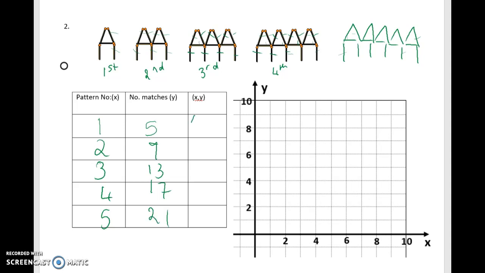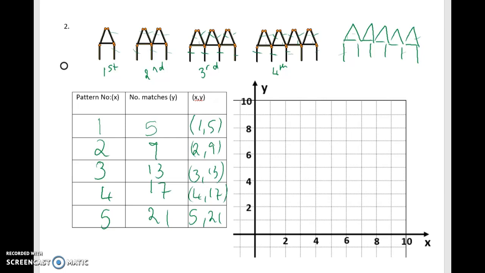So, my X and Y coordinates are 1, 5, 2, 9, 3, 13, 4, 17, and 5, 21. So now I need to plot those onto my Cartesian plane.